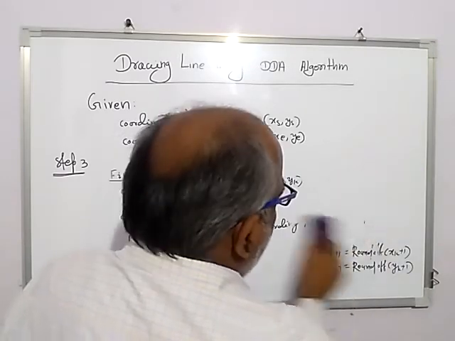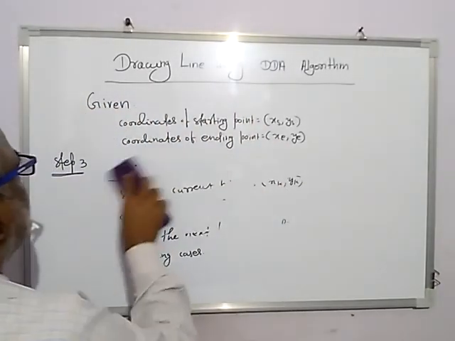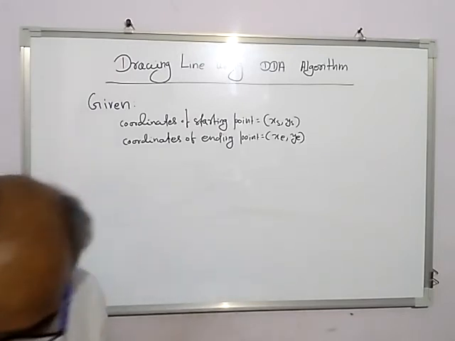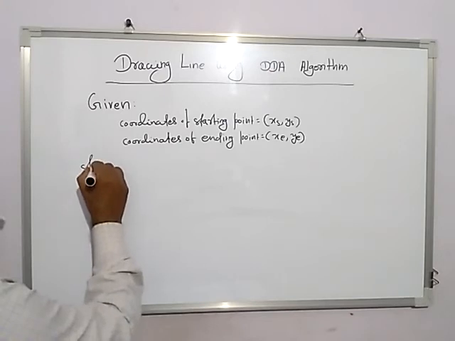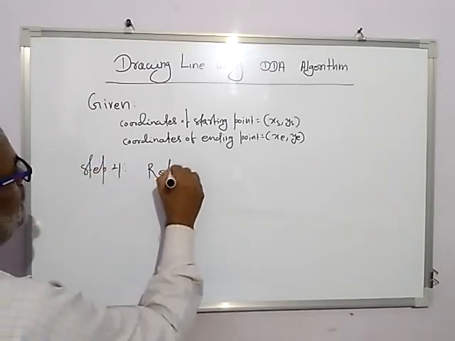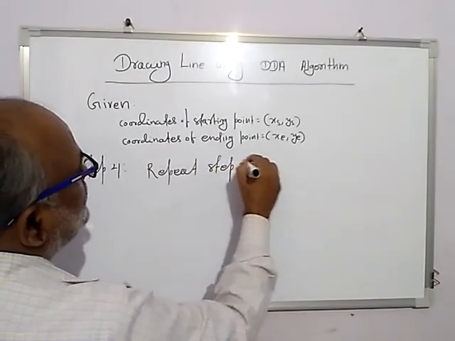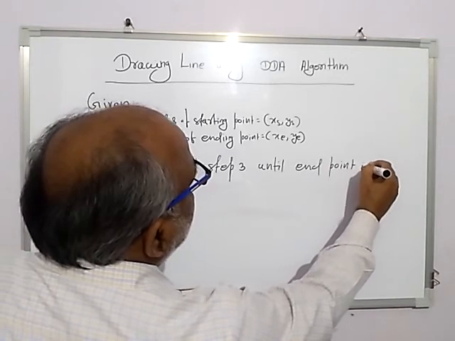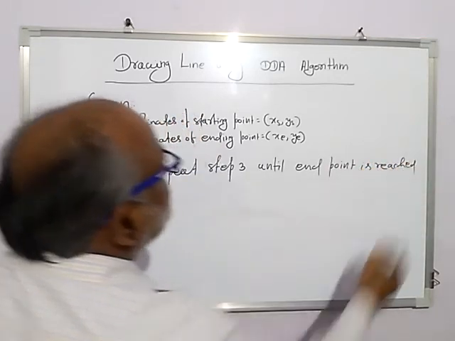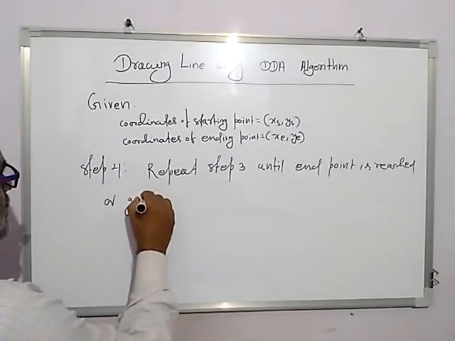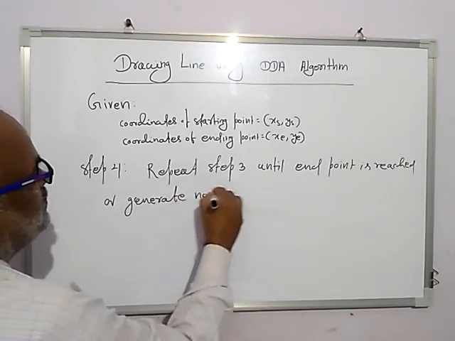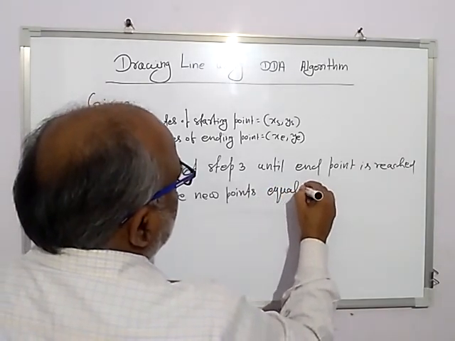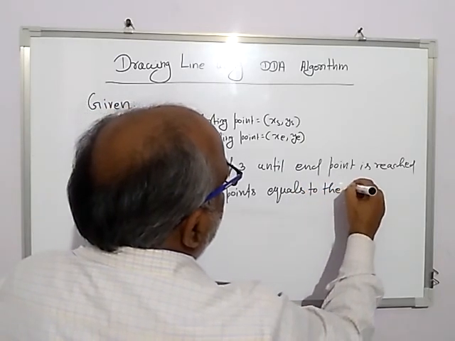Now, what is step 4? Step 4, repeat step 3 until the end point is reached, or the generated new points equal the step count.